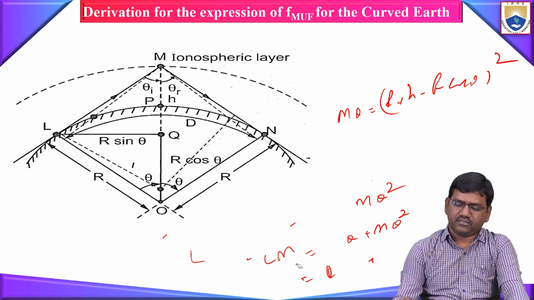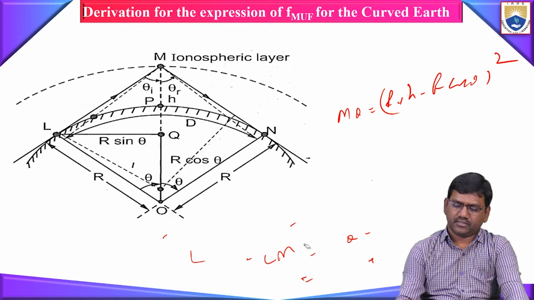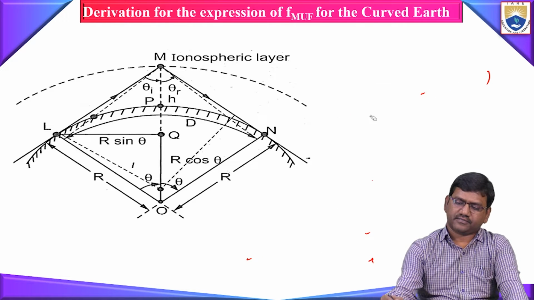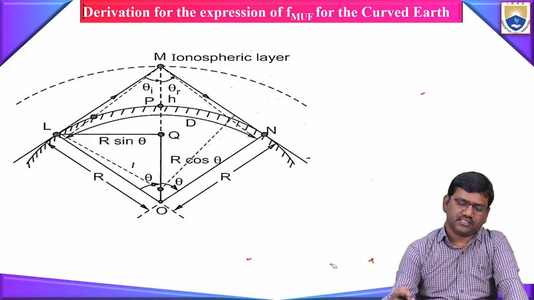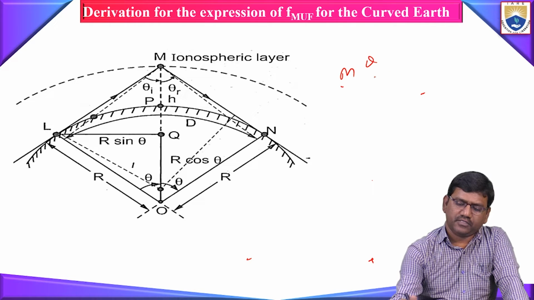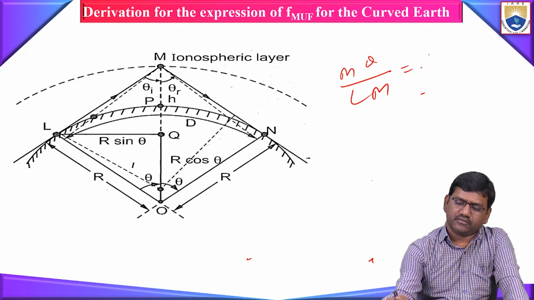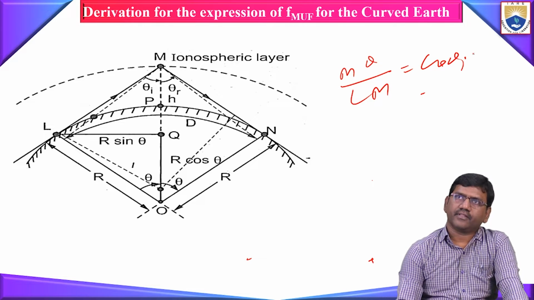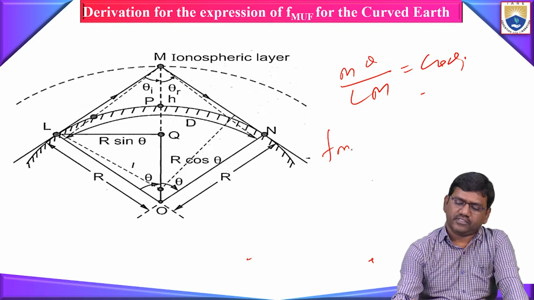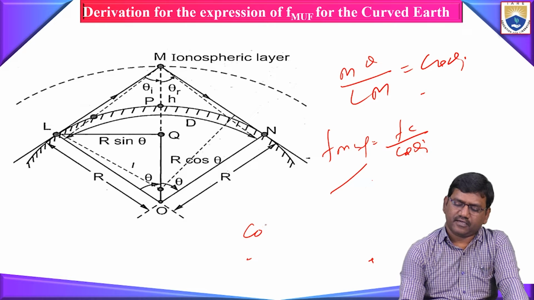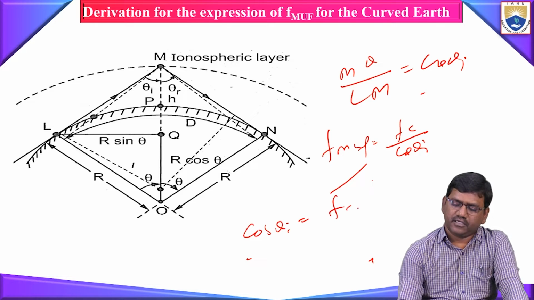Now, if we apply cos theta I from this figure, cos theta I is equal to the adjacent side to theta, which is MQ, by the hypotenuse, that is LM. This is equal to cos theta I. But we know that F mof is equal to FC by cos theta I. So from this equation we get cos theta I is equal to FC by F mof.